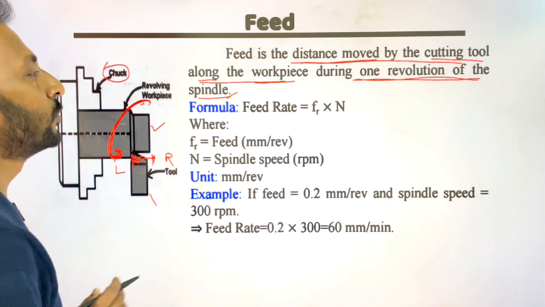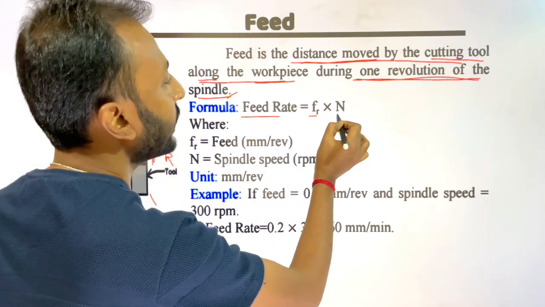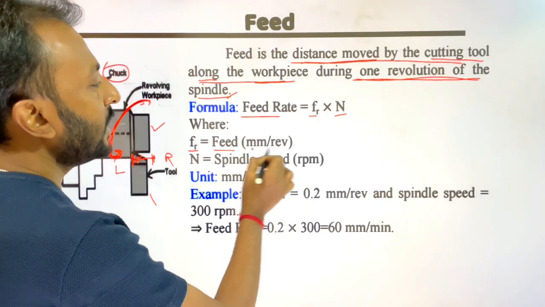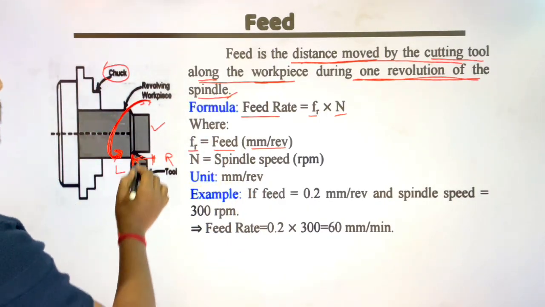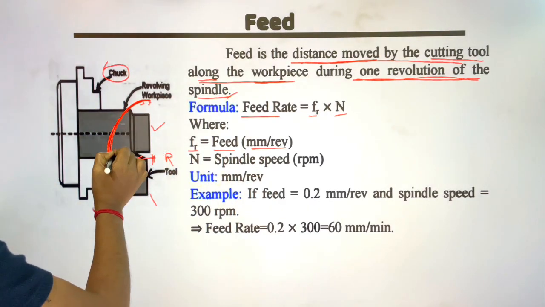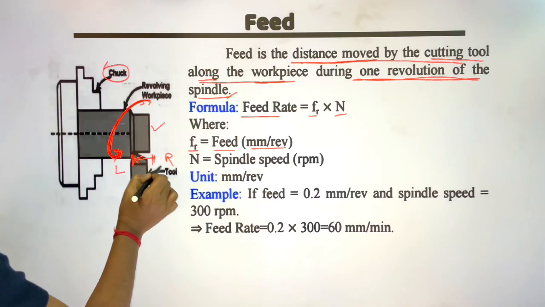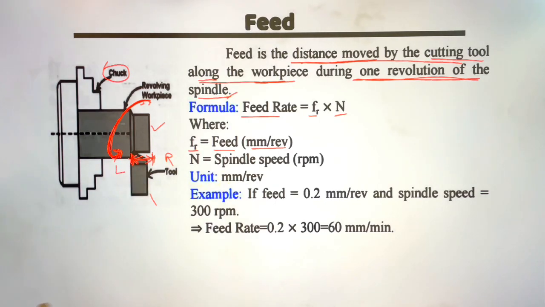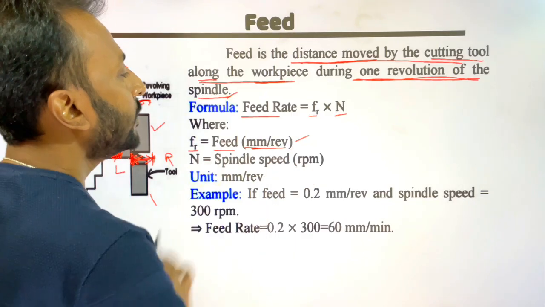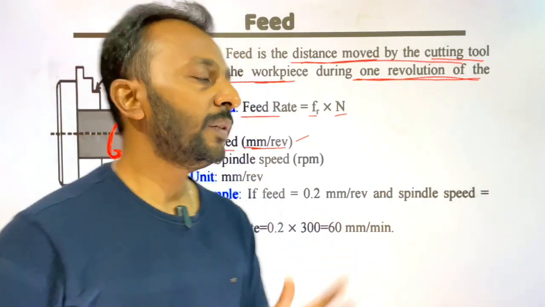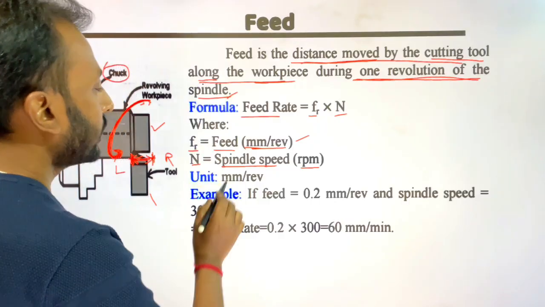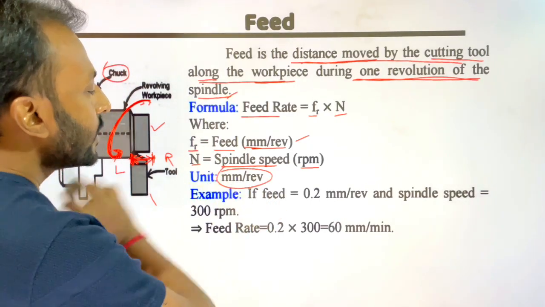Here the formula is feed rate equals Fr into N, where Fr is the feed in millimeter per revolution, because the revolution is one turn and the tool moves that distance in millimeters. And N is the spindle speed in RPM.